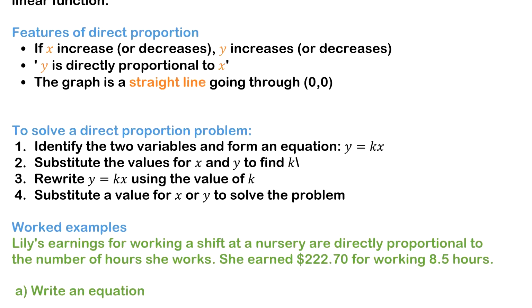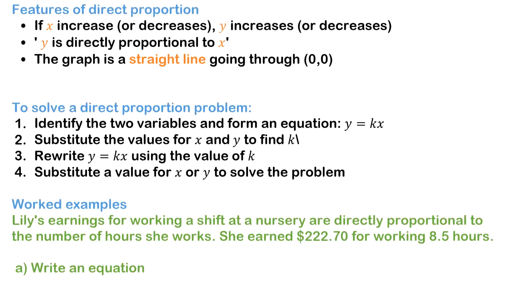It is important to realize that the first thing is your y, the second your x. When you graph these types of equations, they form a straight line that goes through the origin, or 0, 0. It's important to note that.